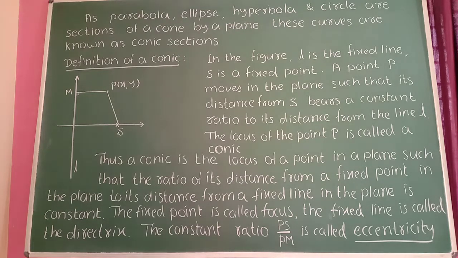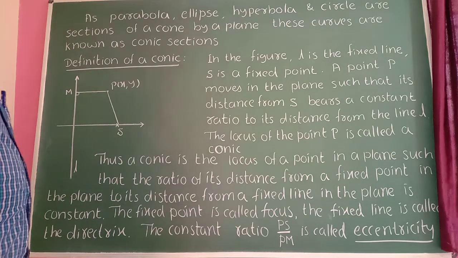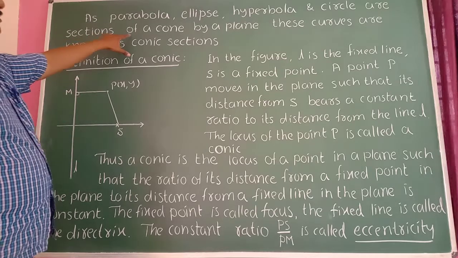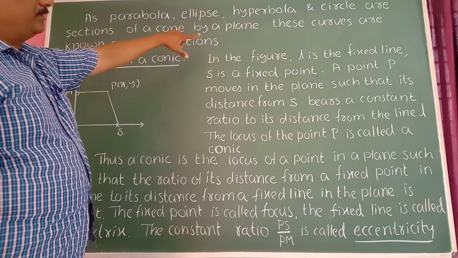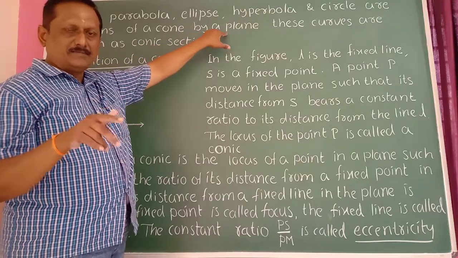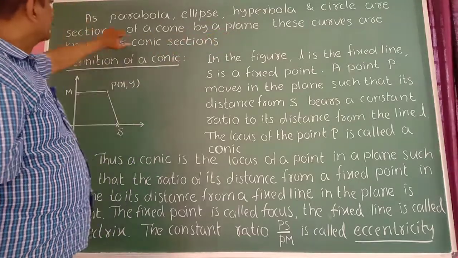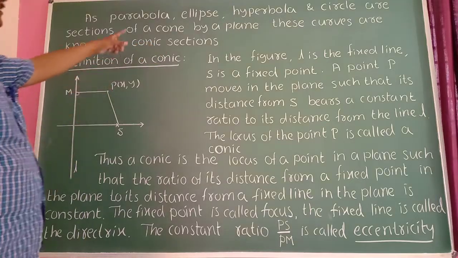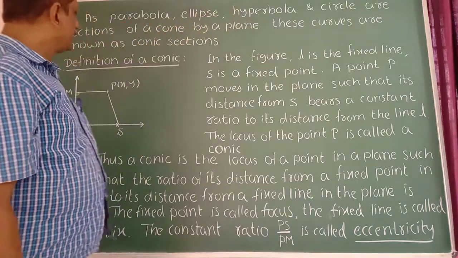A parabola, ellipse, hyperbola and a circle are sections of a cone by a plane. These curves are known as conic sections.